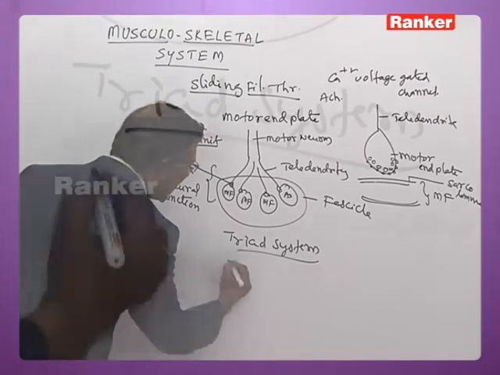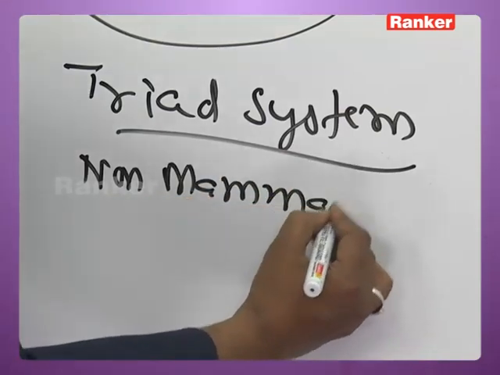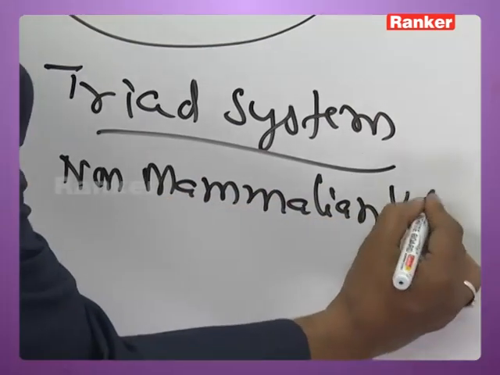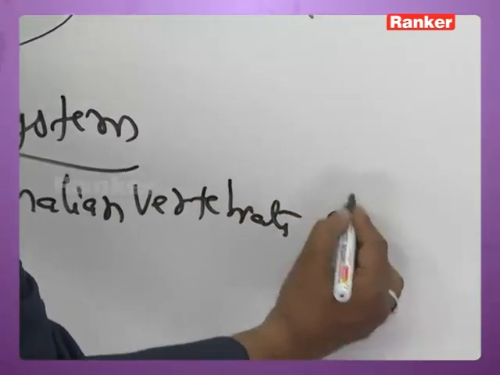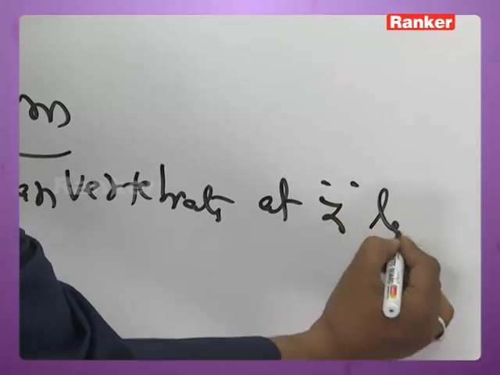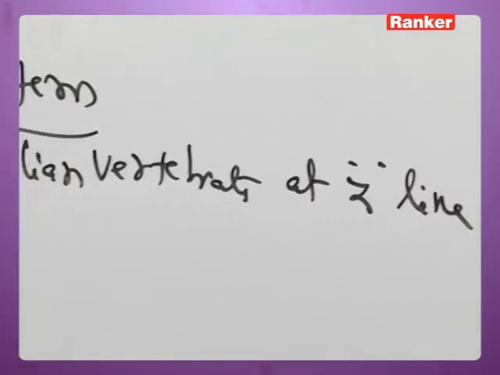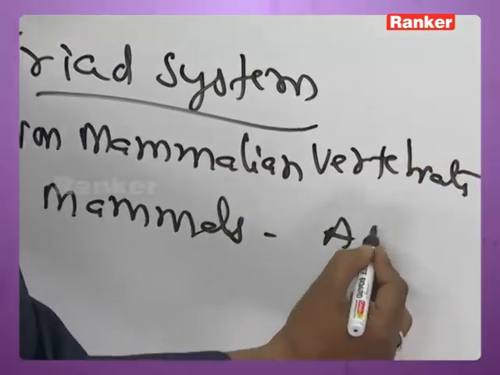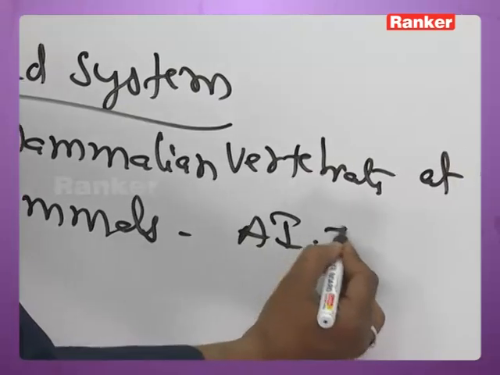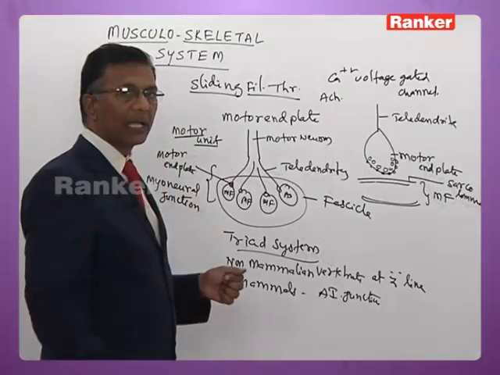In non-mammalian vertebrates at the Z line, and in mammals at the AI junction. I shall repeat students once again.